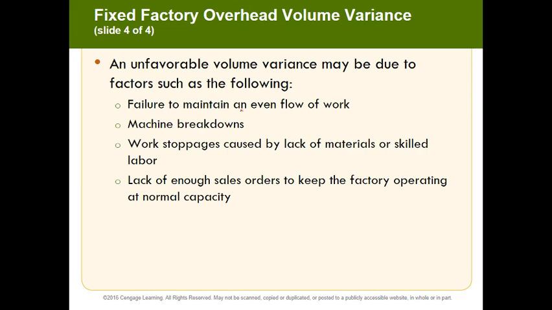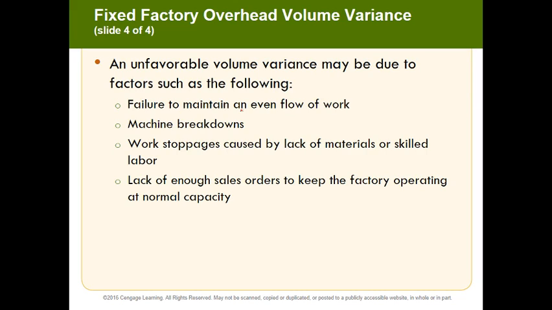So as managers, you're going to have to figure out why something is unfavorable or why something is favorable. You have to take a step back and look at this because you may be the one who is responsible. What occurred? Unfavorable variances can come from a variety of factors. These are just a few. Maybe we couldn't maintain an even workflow.